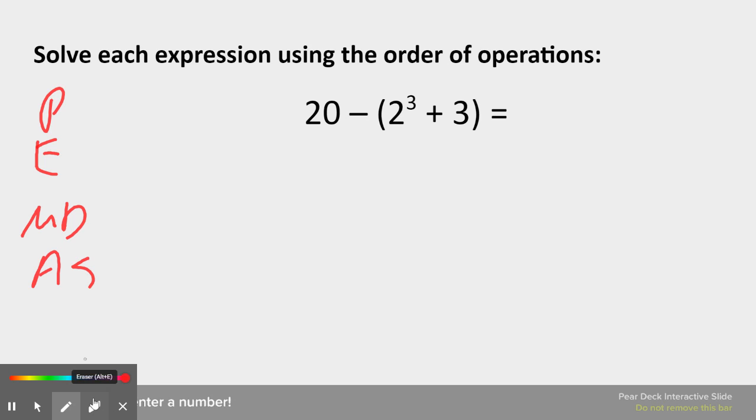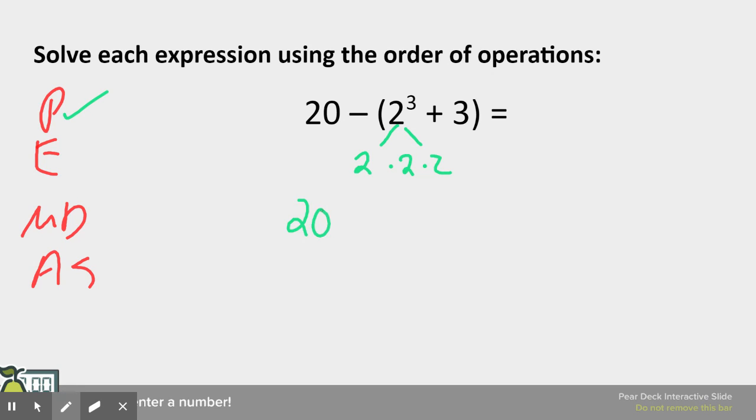All right, so let's see how you did on this problem. So if I look, I have parentheses, and inside the parentheses, I have exponents. Well, 2 to the third is the same as 2 times 2 times 2, which gives me 8. So I'm going to rewrite this as 20 minus 8 plus 3.